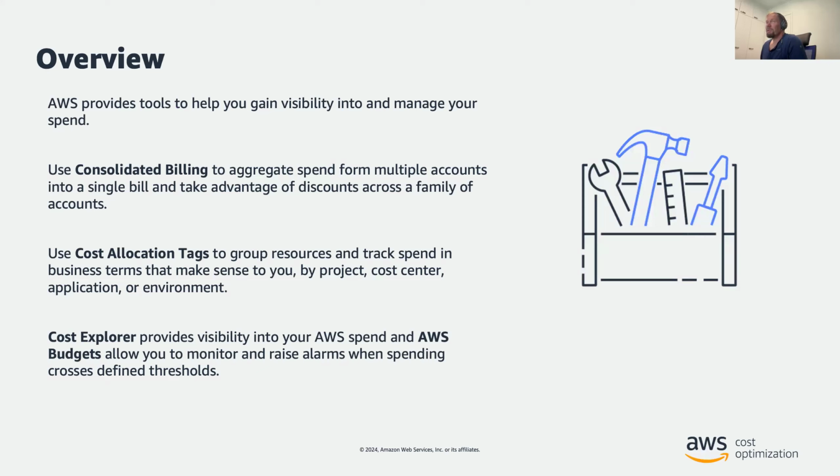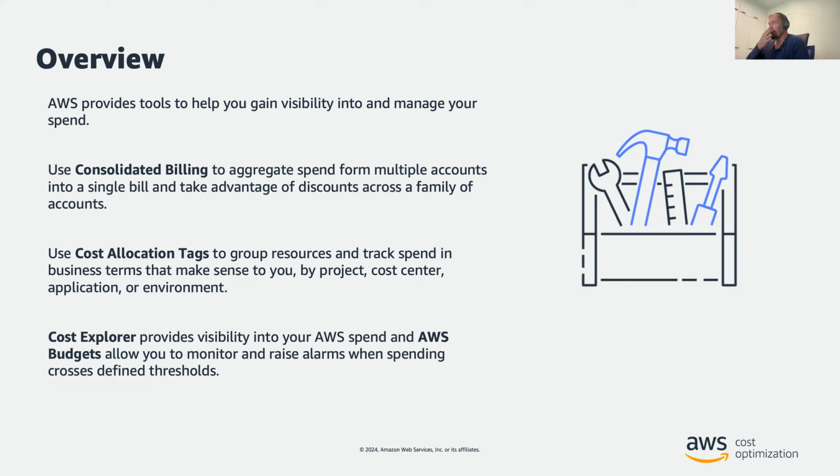So what kind of tools does AWS provide? Well, consolidated billing, what is that, and how does it benefit you? In AWS, you have heard before that there are these constructs of organizations. So having multiple AWS accounts, and those are then combined into one single bill.